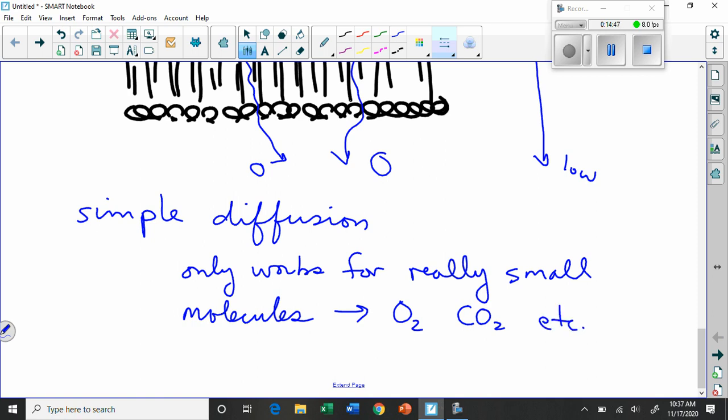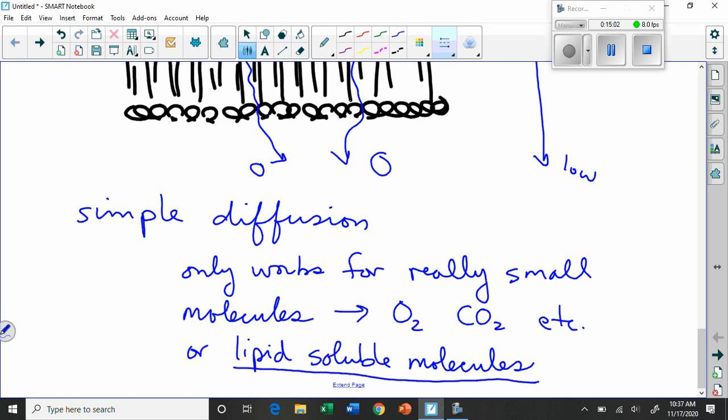Or lipid-soluble molecules. Lipid-soluble molecules are molecules that are essentially non-polar, and therefore they like to be inside fat. Remember, the fat tails of the membrane are not polar. They're lipid molecules with no polarity in the tails.